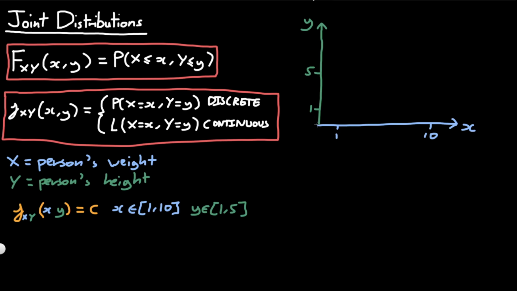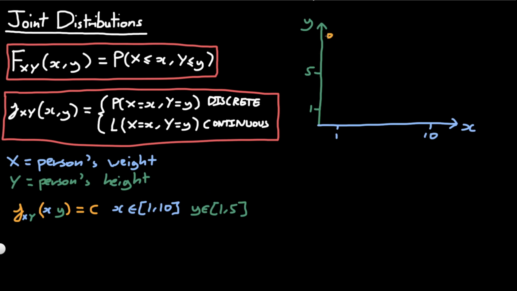Say that there's an axis coming out of the screen which will represent the probability densities of each possibility in this 2-dimensional range. And it will have a constant value c for the ranges that we've specified. So I'll even draw it here. Each of these points in this set that we've drawn here will have a probability density or likelihood associated with it. Outside of the ranges we've specified, it will be 0.